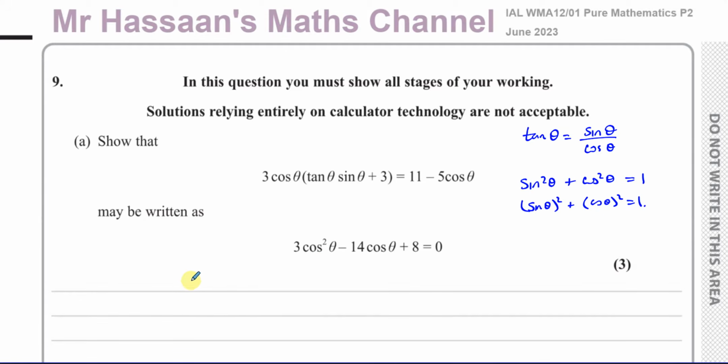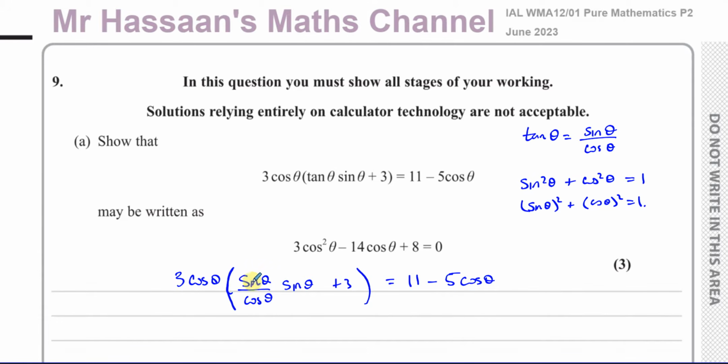So what I'm going to do is I'm going to write this as 3 cosine theta, and then in brackets, now tan theta I'll write as sine theta over cosine theta, and that's times sine theta, plus 3, close the bracket, equals 11 minus 5 cosine theta.